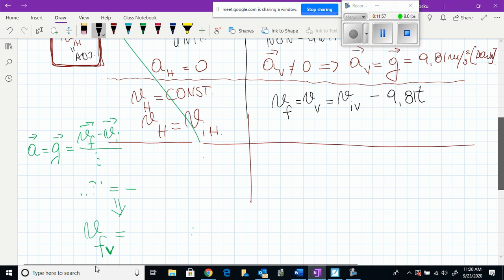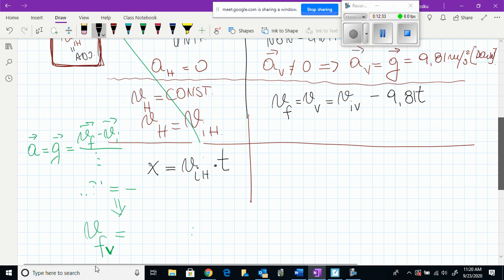Since we are dealing with uniform motion in the horizontal axis, the displacement, d horizontal or simply x, will be equal to velocity times time. The horizontal velocity is constant, which is the horizontal component of the initial velocity, times time.